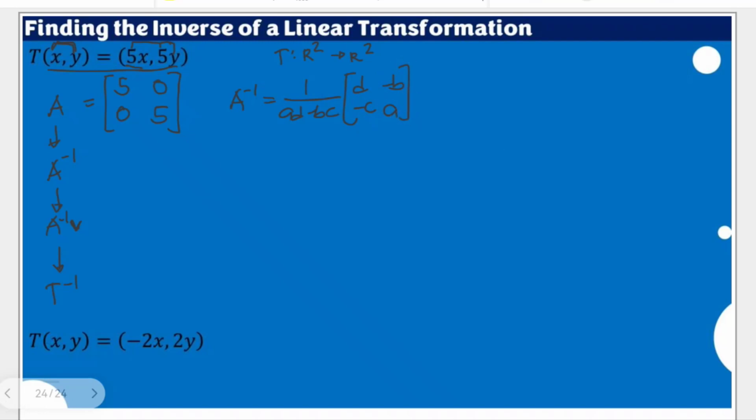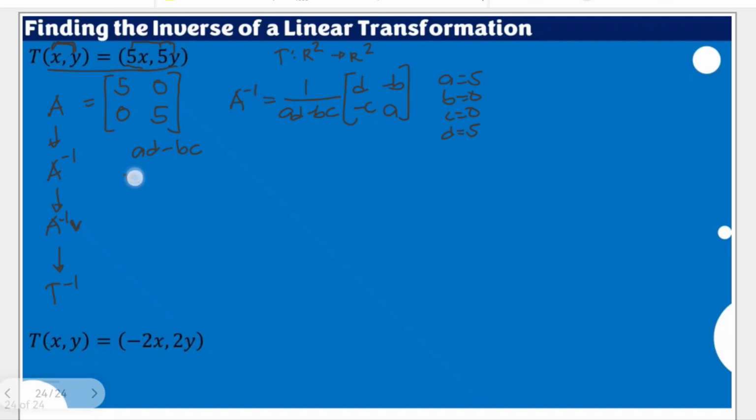First, our A here is 5, B is 0, C is 0, D is 5 as well. With this, we are going to solve first this denominator representing our determinant. If the determinant is 0, then this would be undefined, and hence our A is not invertible. Ultimately, our linear transformation T is also not invertible.